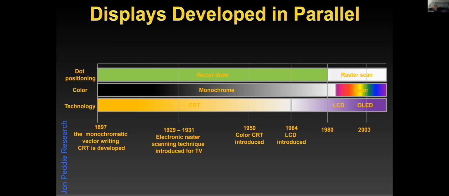We also got new ways of building displays. And one that you're probably most familiar with is the LCD. We started out with CRTs, those big glass things that shot electrons at the phosphor screen. Then we evolved to LCDs, which are little switches in a crystal that you could turn the crystal opaque or you could turn it open. And when it was open, light shined through, and that's how an LCD works.